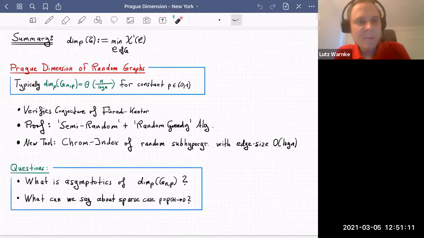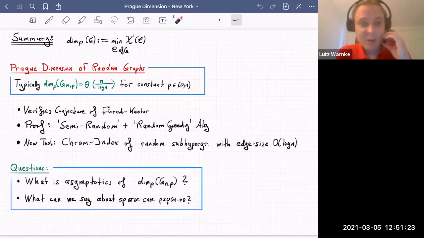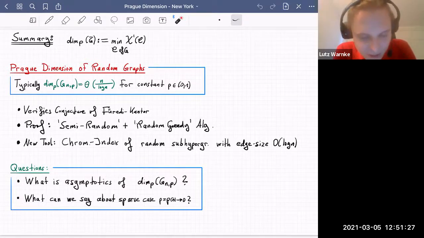Okay, so let me briefly summarize. We're looking at this complexity parameter, the Prague dimension. What we proved is that this Prague dimension is typically of order n over log n for constant p. This was verifying this conjecture of Füredi and Kantor regarding this pretty old parameter that was introduced in the 70s by Nešetřil and Rödl, and Pultr.